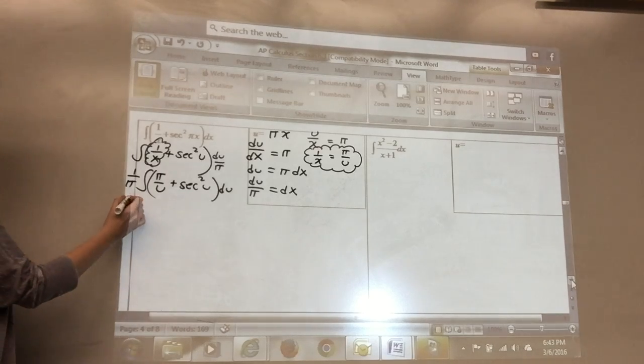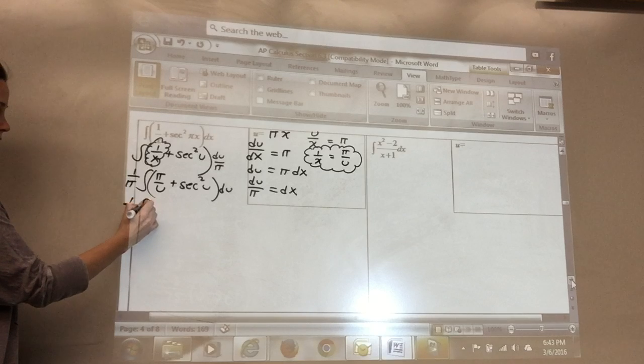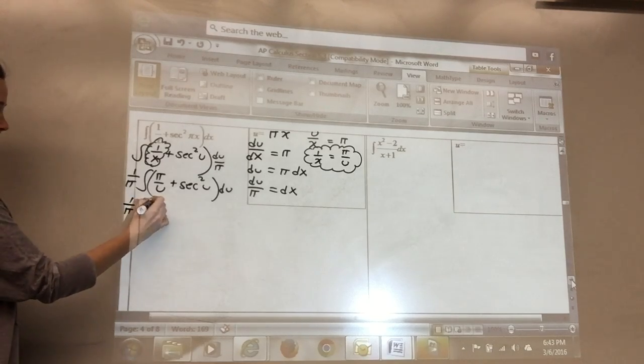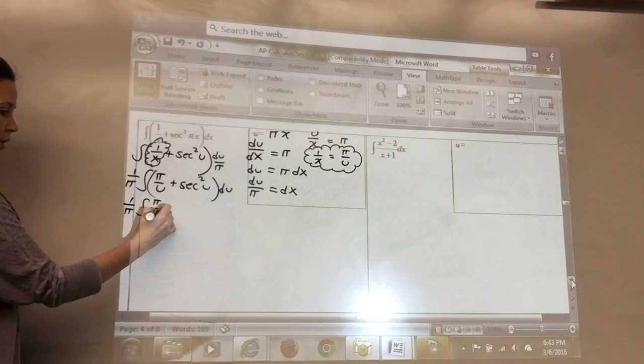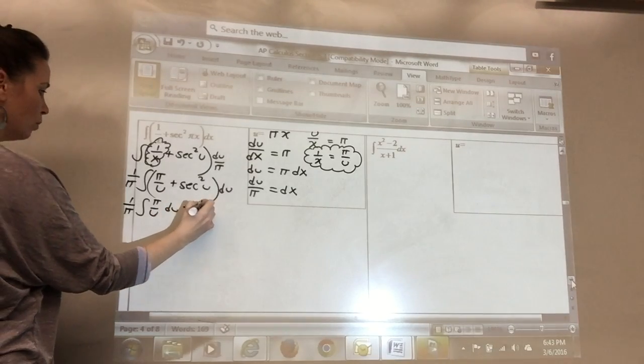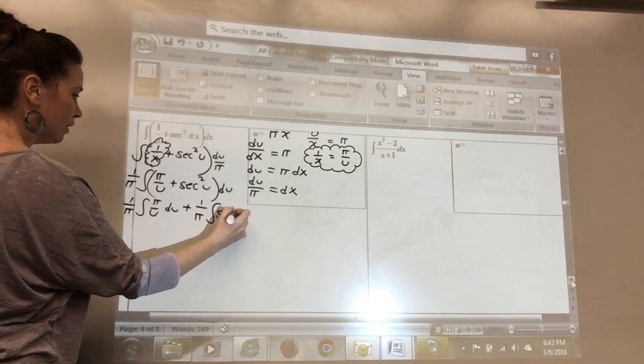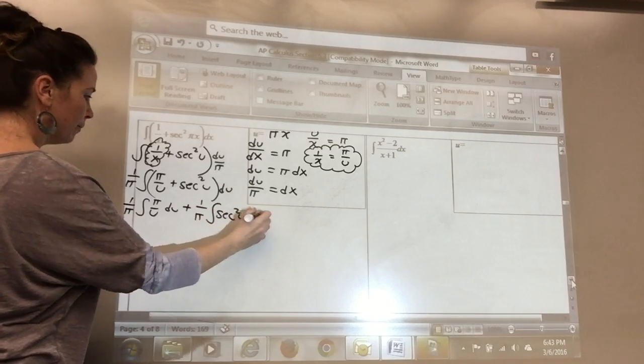So let's do 1 over pi. We're going to integrate pi over u du plus 1 over pi integrate secant squared u du.